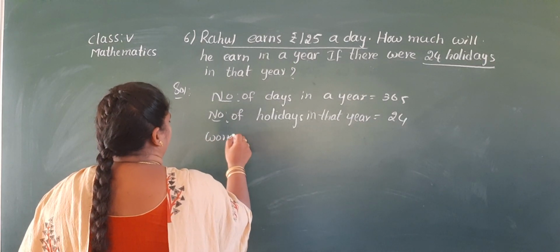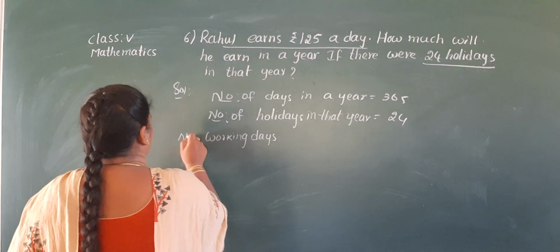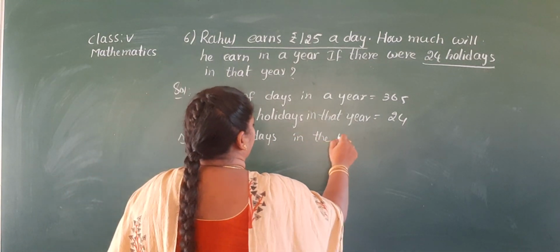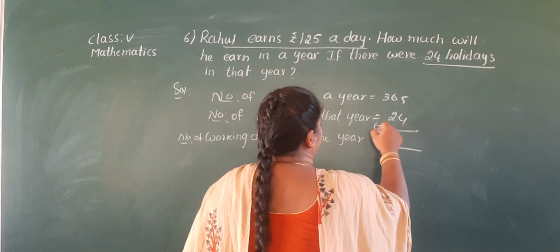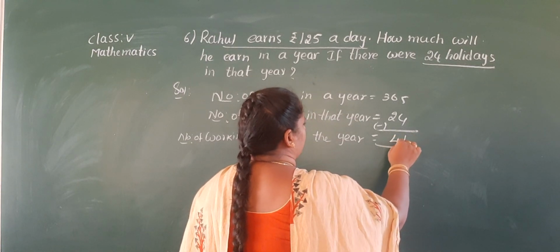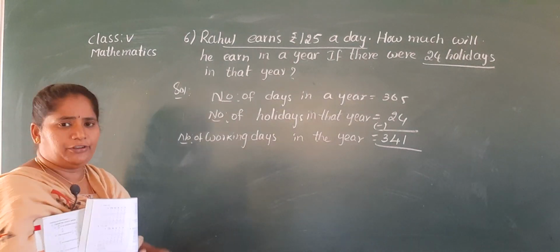Next, working days. How many working days? We only find it. Working days, number of working days in the year. How do you get this answer? By doing subtract. 5 minus 4 is 1. 6 minus 2 is 4. 3. 341. Is it clear to you, children?